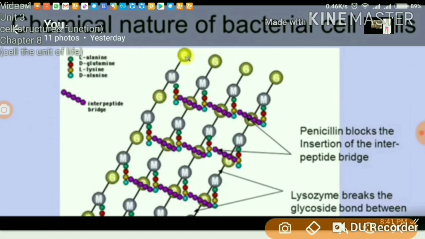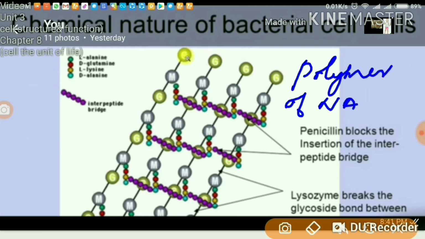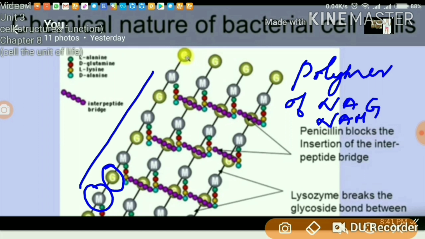We can say that the cell wall is a polymer of NAG and NAM. Here M represents N-acetyl muramic acid and G represents N-acetyl glucosamine. These two are alternately arranged, as you can see in this direction.